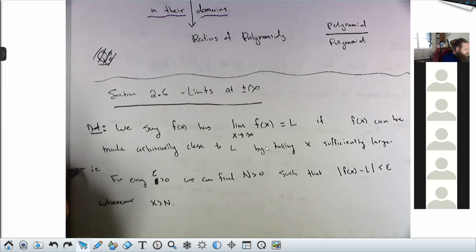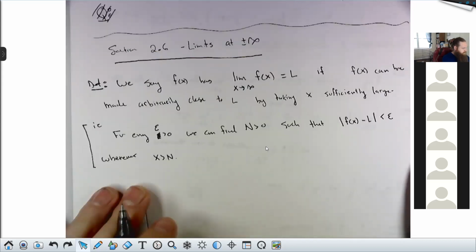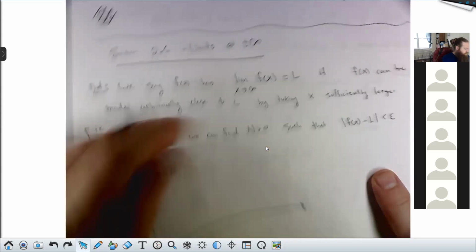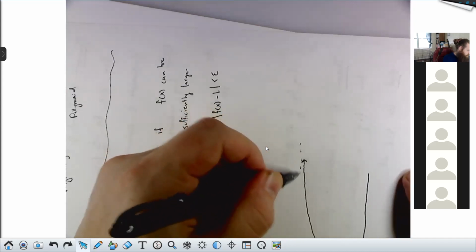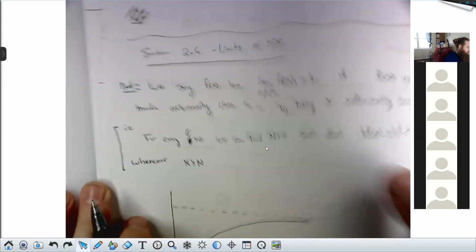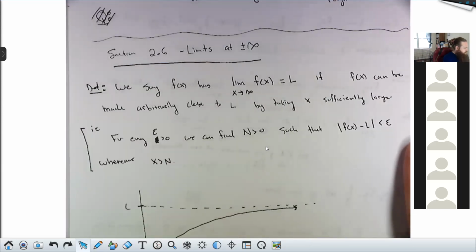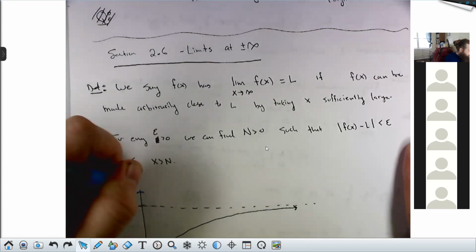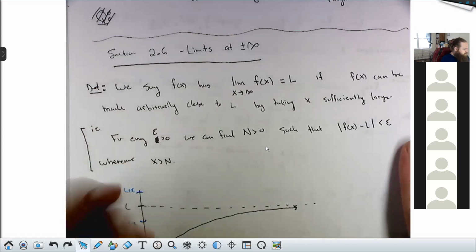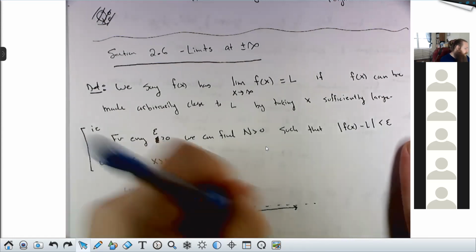And the picture here is that you can keep yourself trapped in this epsilon window about L. This time not by staying close to some particular finite number, but by staying far enough away from 0.